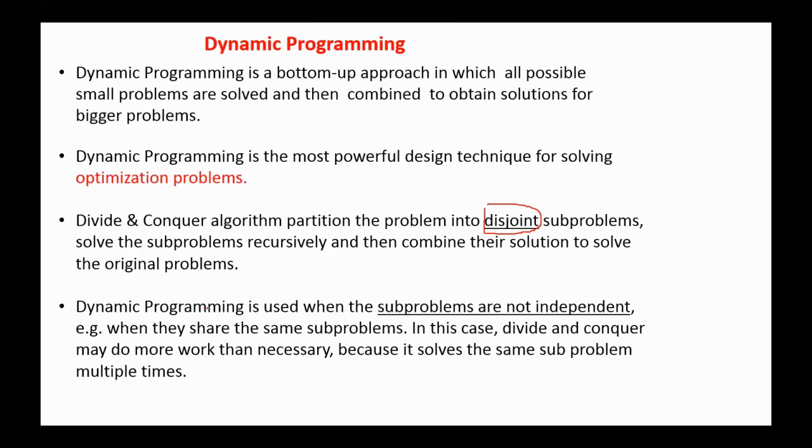While dynamic programming is used when the subproblems are not independent, e.g. when they share the same subproblems. In this case, divide and conquer may do more work than necessary because it solves the same subproblem multiple times.